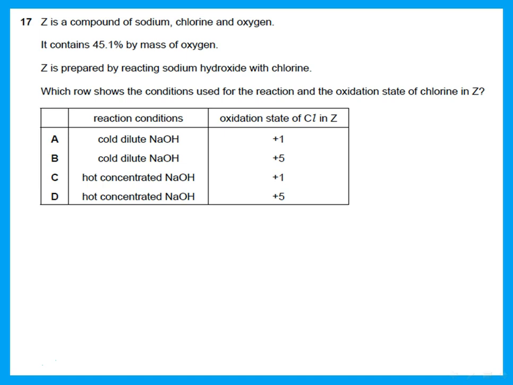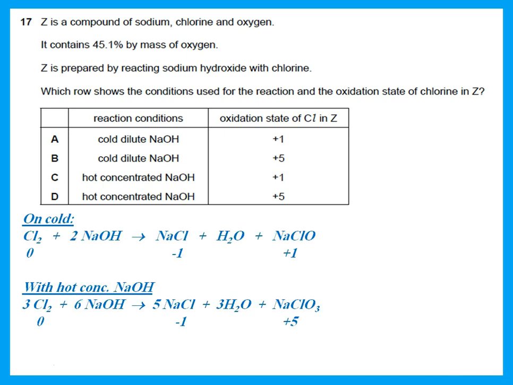The next question says Z is a compound of sodium, chlorine, and oxygen. It contains 45.1% by mass of oxygen. Z is prepared by reacting sodium hydroxide with chlorine. Which row shows the conditions used for the reaction and the oxidation state of chlorine in Z? Well, sodium hydroxide with chlorine, you have 2 kinds of reactions.